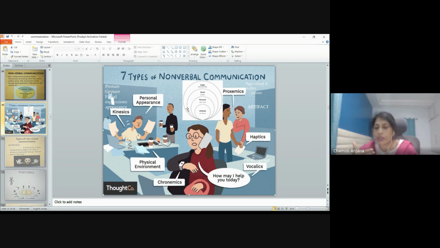So the expressions and the paralanguage, the way she said it, show that she is actually not happy with the dress, even though in words she's saying it is good. But because of the non-verbal means of communication, I can make out that she actually did not mean that. So that is the power of non-verbal communication.